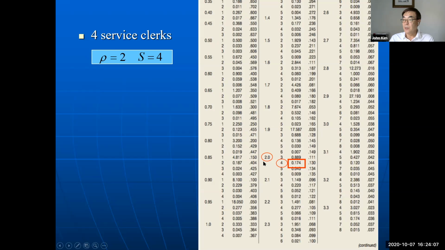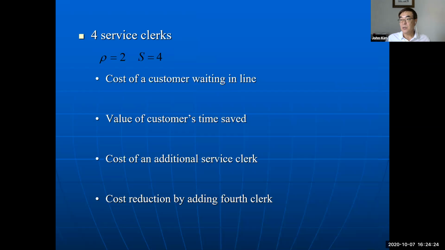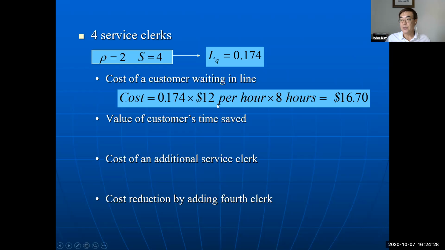Then utilization rate 2, and then the number of servers is 4. Then LQ is 0.174. So with this, hiring one more clerk, the customer cost changes like this.